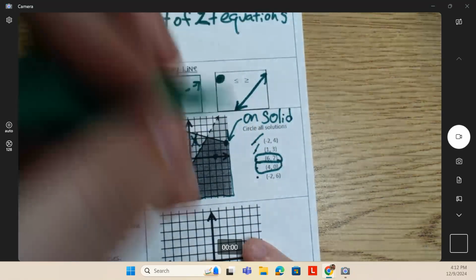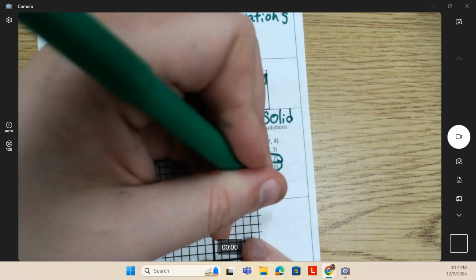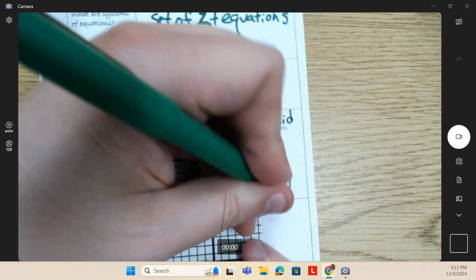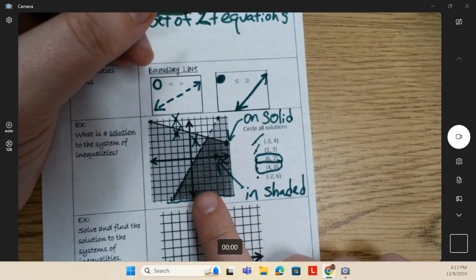So on solid or in shaded. And when we say in shaded, just make sure it's in the area that's shaded for both.